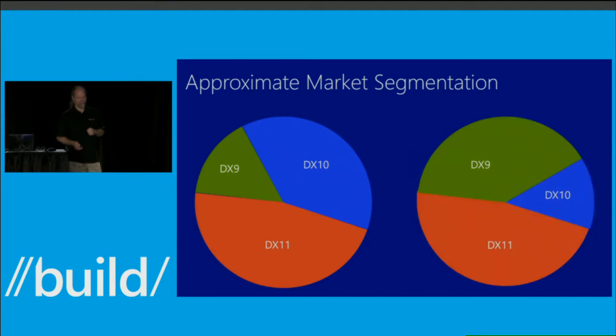But as we move into the tablet space, where the living room scenario is and the more broad usage of the PC is, then a significant fraction of those devices are DX9. So as a developer, you really need to keep in mind all 3 of these if you want to maximize your target audience. It's possible for you to choose a subset of those APIs when you ship your application and just focus on a few of those, but you need to understand what the trade-off is in terms of the impact on the number of users that can use your application.